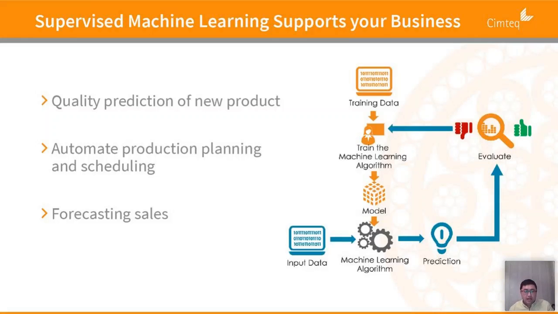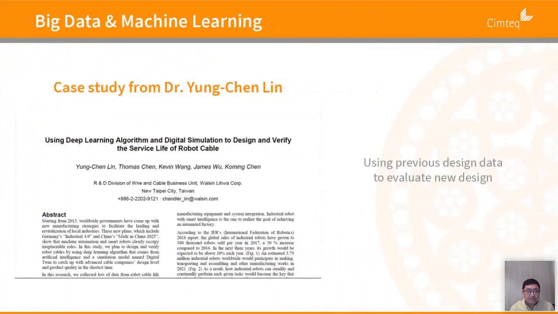So what we do here, just bear with me a second, I'm going to show you this. This is a case study from Dr. Lin Yongzhen, a professor from Taiwan.